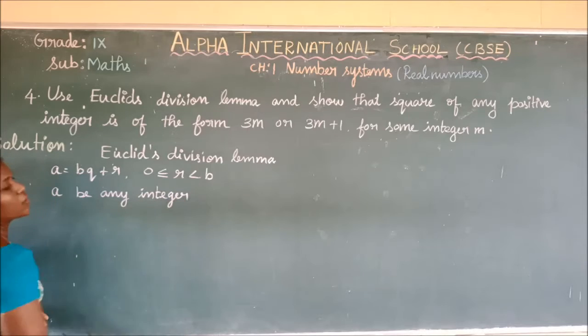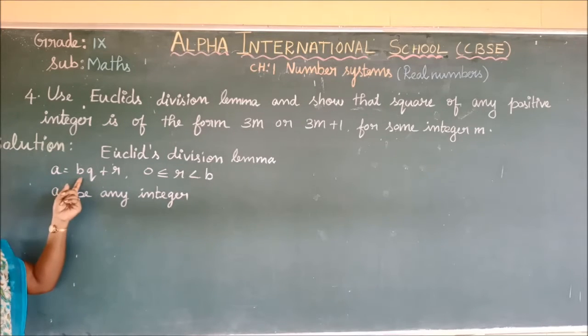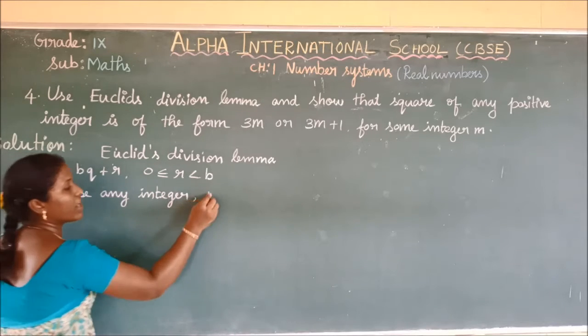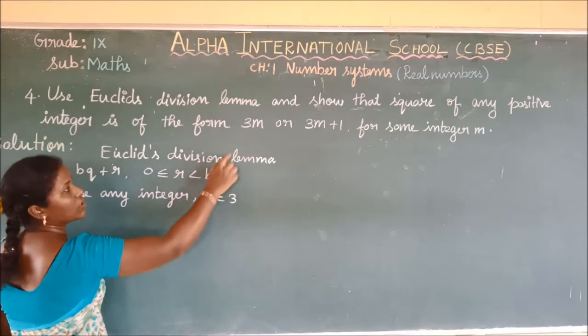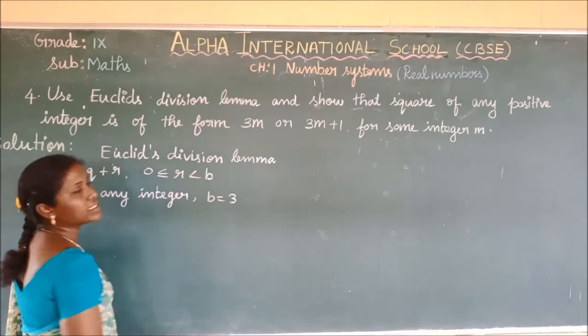That integer only we are going to prove here as a square. And what about b? See the question. What do we have to take as b? Yes, we have to take b as 3, because the form is 3q plus r.